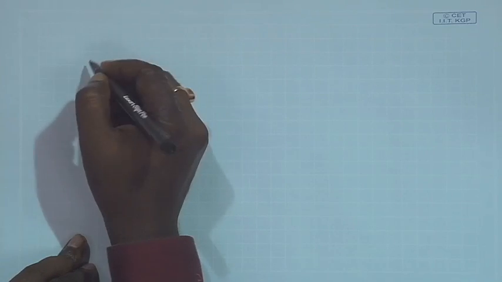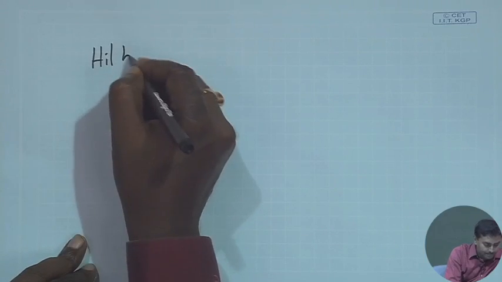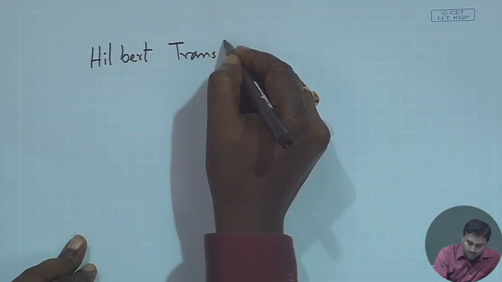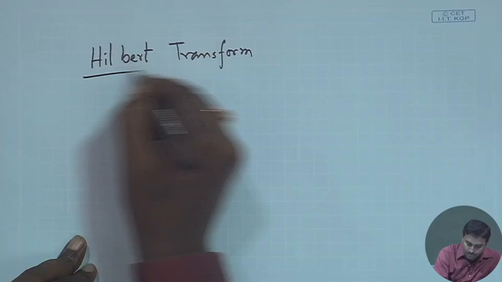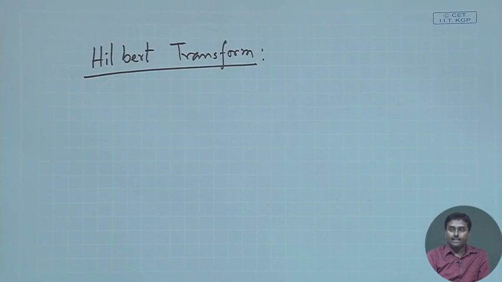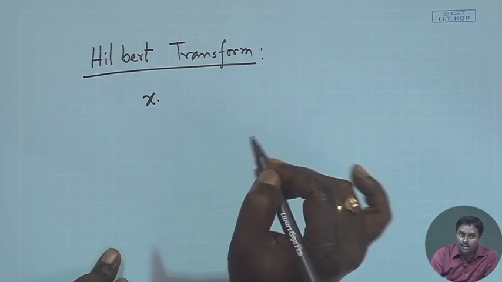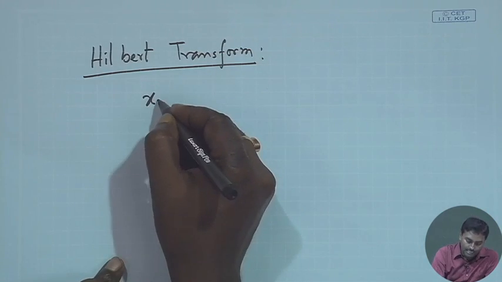But to do this, we need to employ another technique or tool that is required to be studied first, then only we will understand how to employ this technique. This is called the Hilbert transform. Okay. Let us try to understand what the Hilbert transform actually is. I am just giving the definition now, we will understand why this is really required.